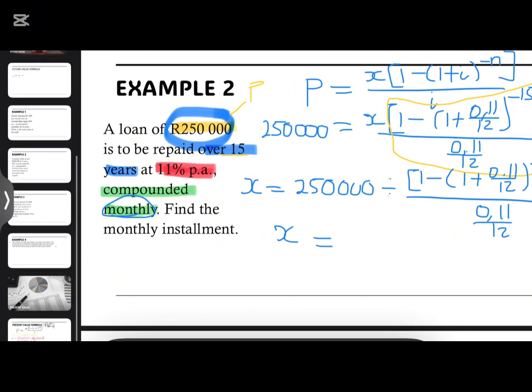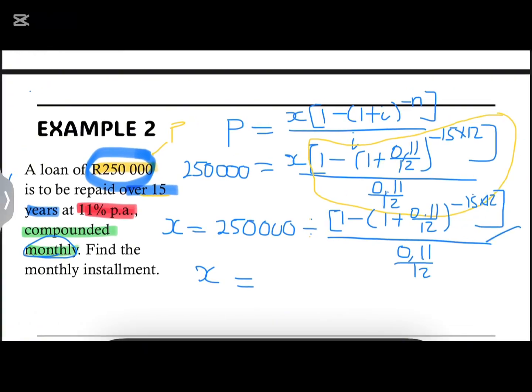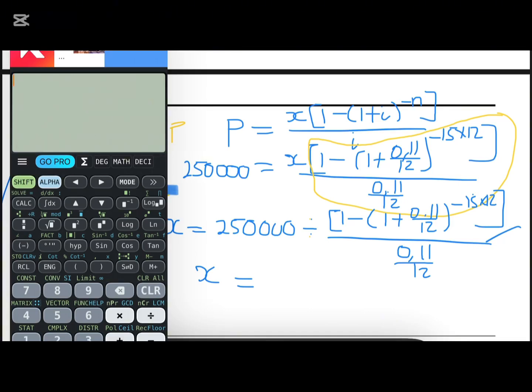Let's see what we get as the value of X. 250,000 divided by 1 subtract 1 plus 0.11 divided by 12, and then close the bracket, to the power of minus 15 multiplied by 12, and then what you get there, you have 0.11 divided by 12.